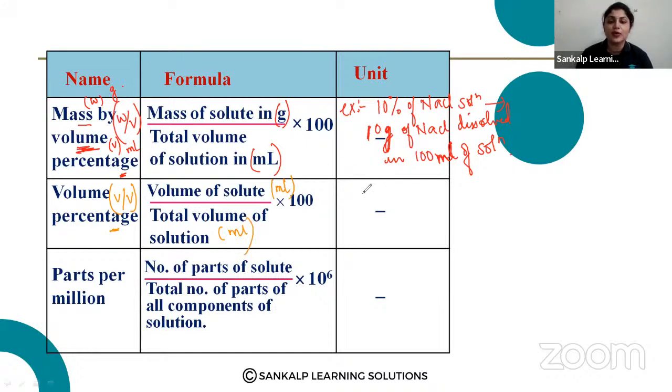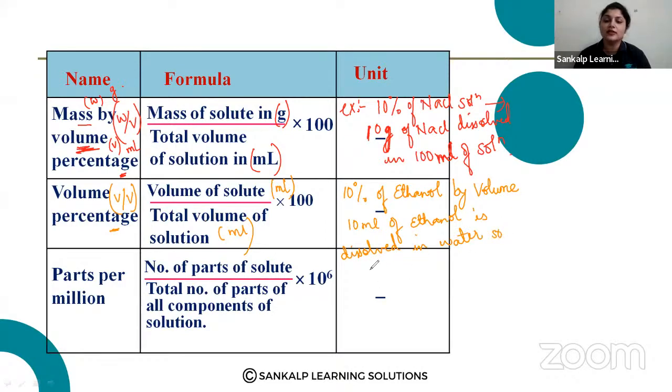For example, 10% of ethanol by volume. If they give a statement like 10% of ethanol by volume, what does it mean? 10 ml of ethanol is dissolved in water so that the volume of the solution is 100 ml.